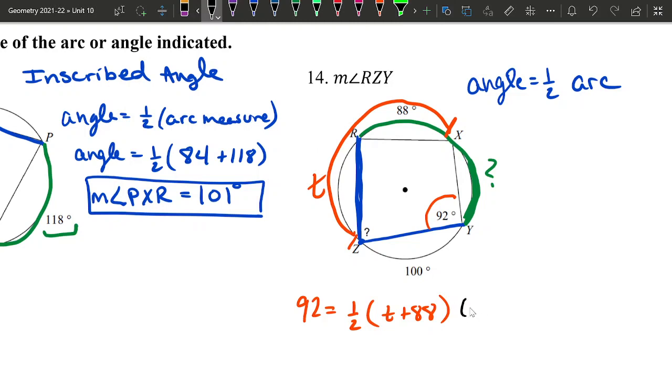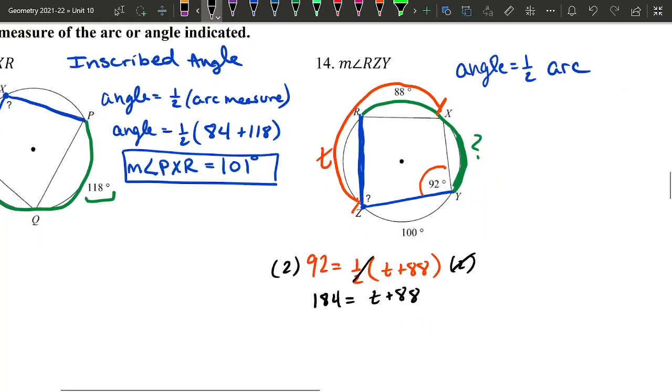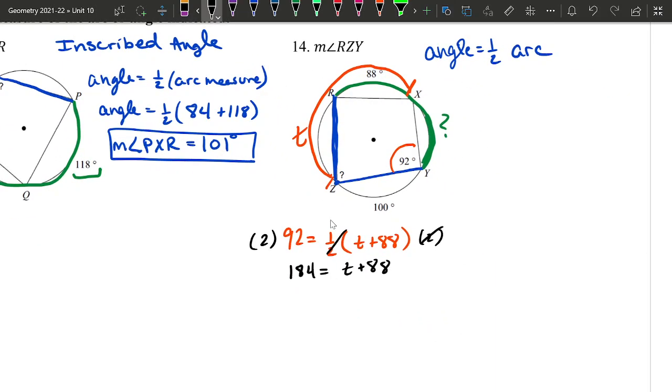I can multiply by 2 to cancel out the half. So 184 equals T plus 88. So subtract 88. That means that 96 equals T.